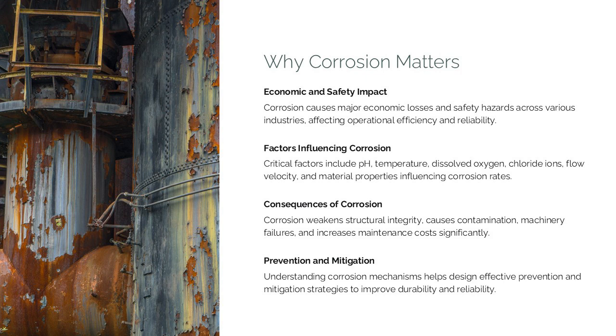While pH is a well-known influencer, other factors such as temperature, dissolved oxygen, chloride ions, flow velocity, and material properties play equally important roles. This presentation explores these influences in detail, providing insights into mechanisms, combined effects, and mitigation strategies to ensure durability and reliability in engineering applications.